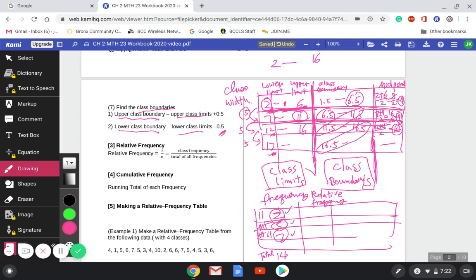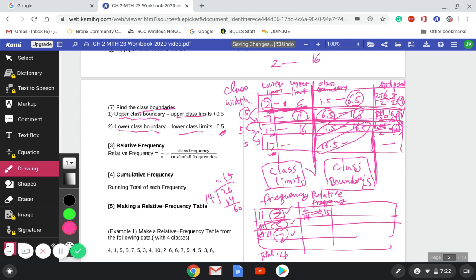Relative frequency is fractional format out of the total. So there are 2 data out of 14. And a lot of times we write this in decimal number. So 2 divided by 14 is 0.15, sorry.